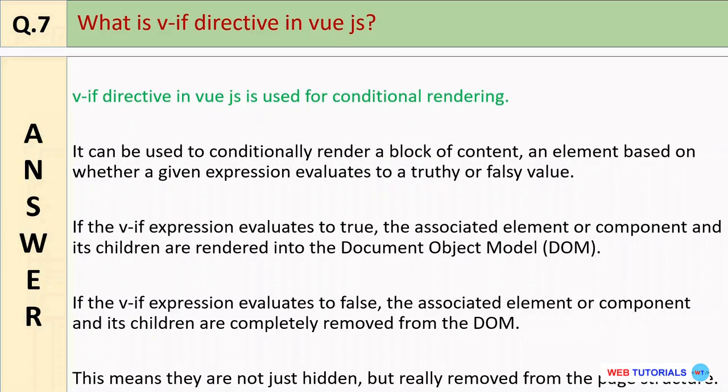If the v-if expression evaluates to true, the associated element and its children are rendered into the document object model. And if the v-if expression evaluates to false, the associated element and its children are completely removed from the document object model. So this means they are not just hidden but really removed from the page structure.